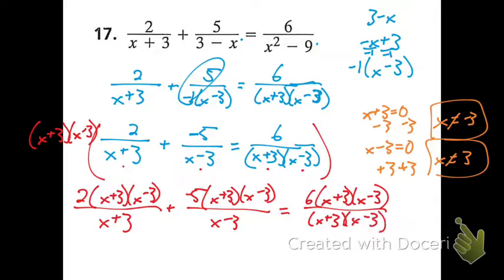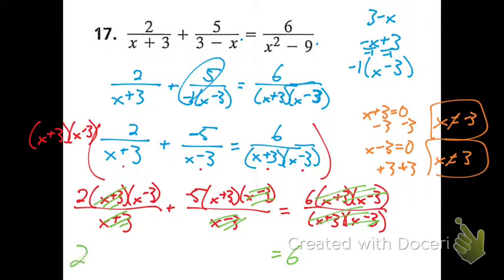Now, that's a lot of work to show, so I appreciate those of you who are still with me and still sticking around. Now here's what happens. The plus 3's go away. The minus 3's go away there. And here, all of that except for the 6 goes away.